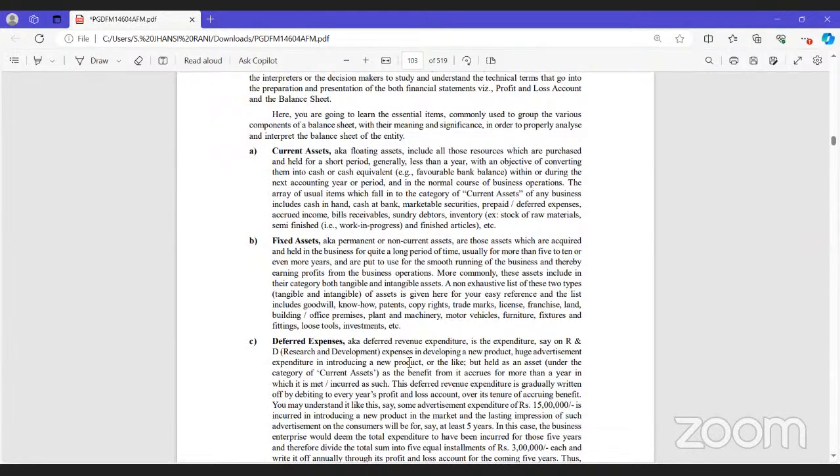Patents, franchise, copyrights, license all come under intangible assets. For tangible assets, you can take land and buildings, office premises, plant and machinery, motor vehicles, furniture, fixtures, loose tools, all this.